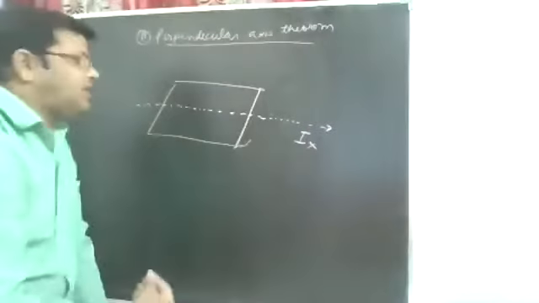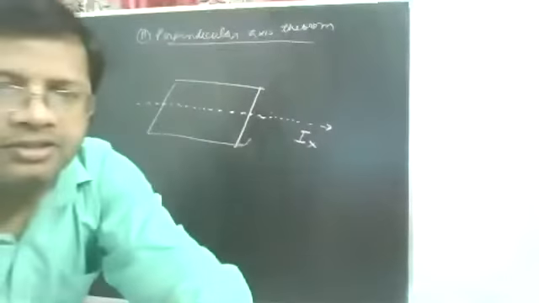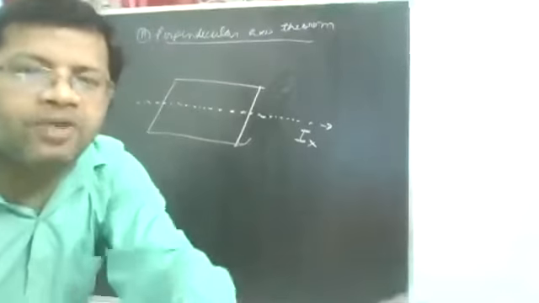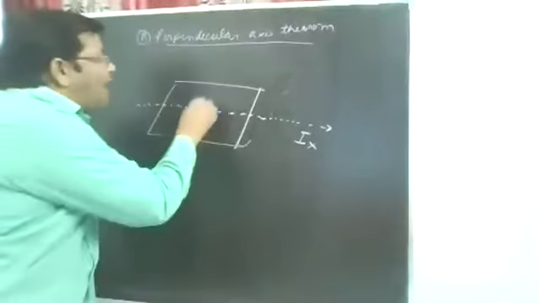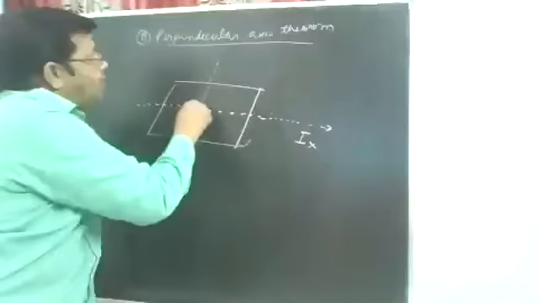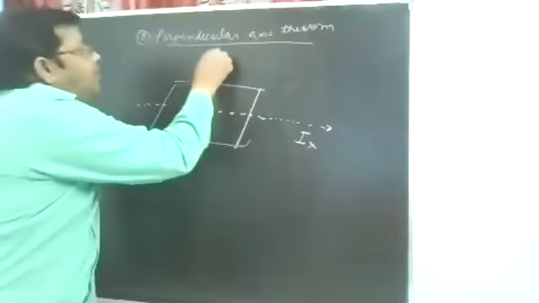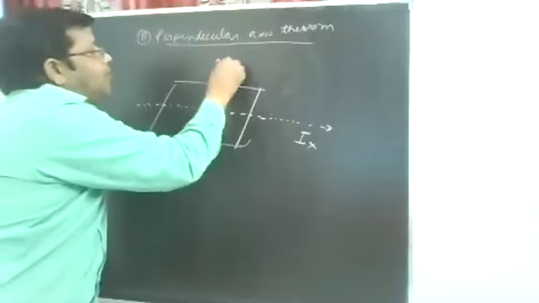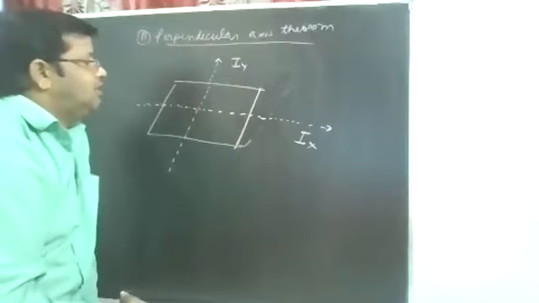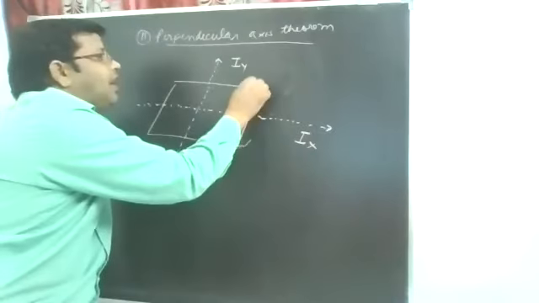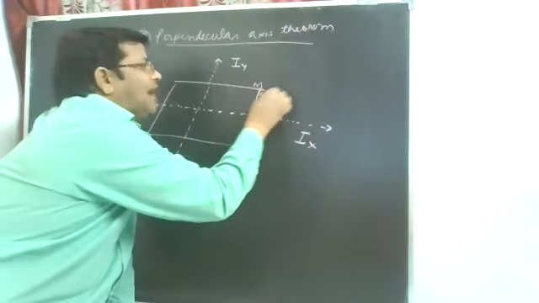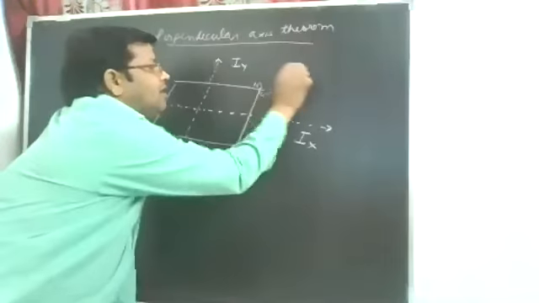Similarly, the y-axis is also passing over the plane of the body, and the moment of inertia of the body about the y-axis is Iy. What is the mass of the body? M.